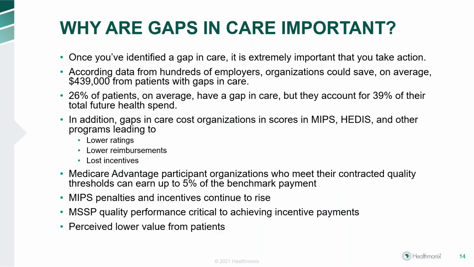So why are they important? As we can see here, there's a lot of impact for these gaps in care. Some folks have documented in a study that there's over $400,000 over the lifetime care of a patient if the appropriate care is not given early on.